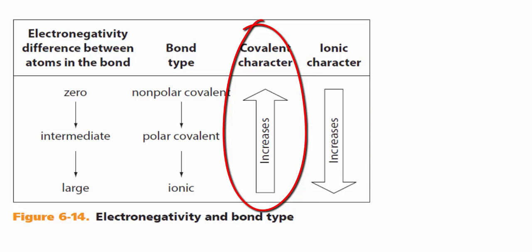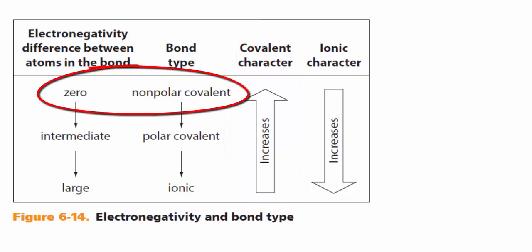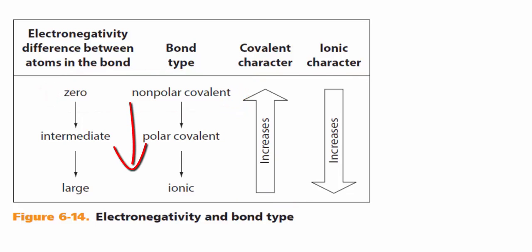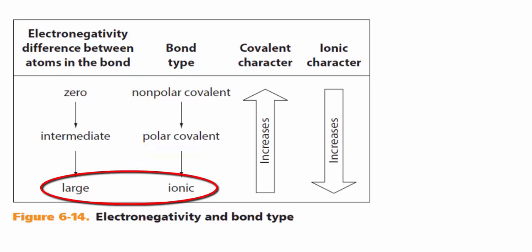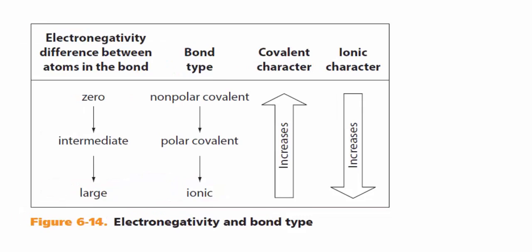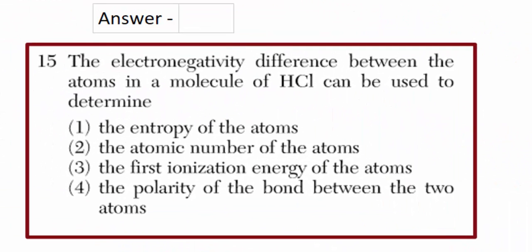If the electronegativity difference is 0, we have a nonpolar covalent bond. As that electronegativity difference grows, the degree of polarity increases, and we even would wind up with an ionic bond if that difference becomes too large. So what we're really using the electronegativity difference for is to determine the polarity of the bond between the 2 atoms. And that's all you can use it for in this case. That's answer number 4.